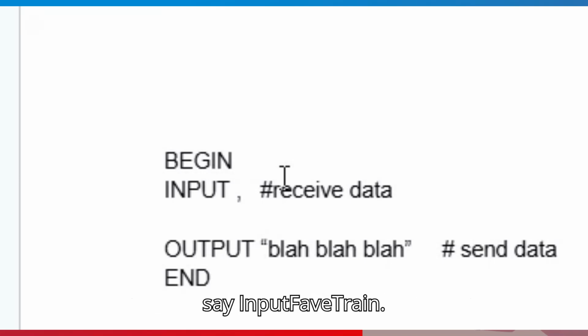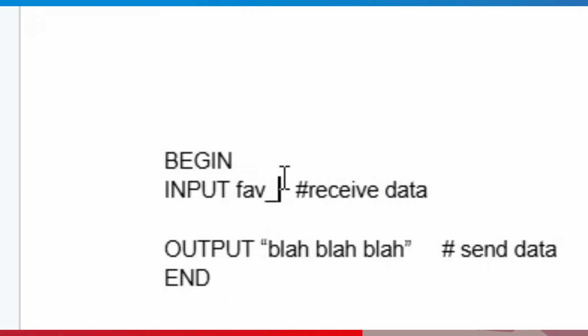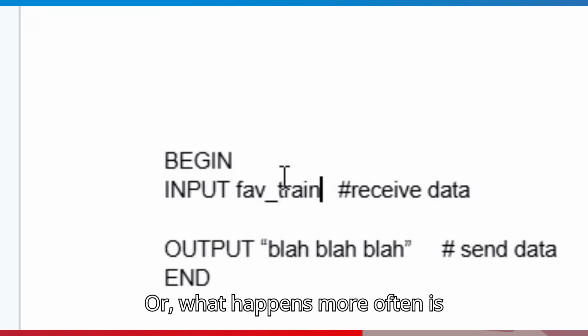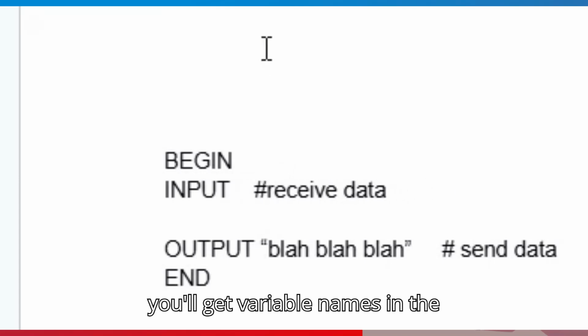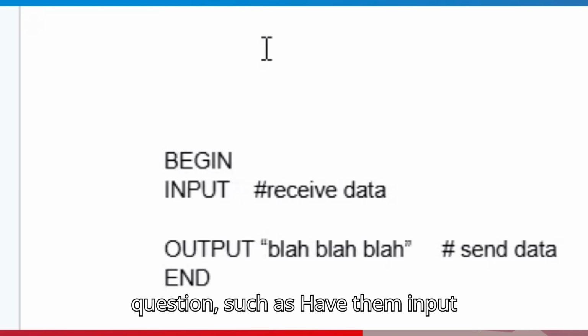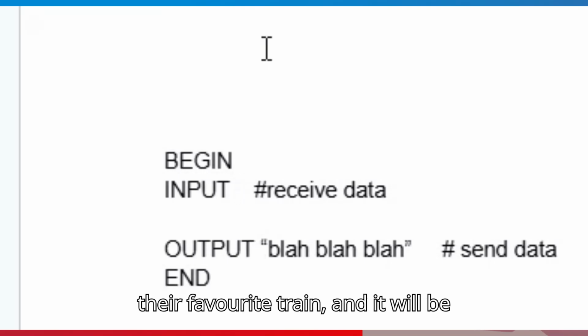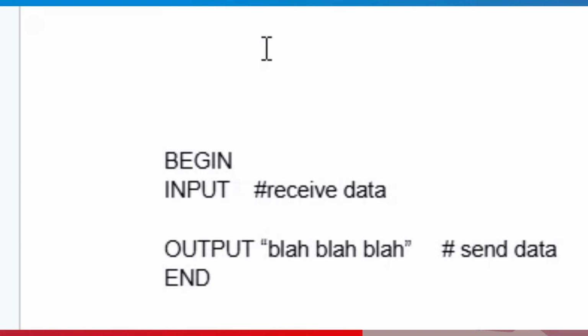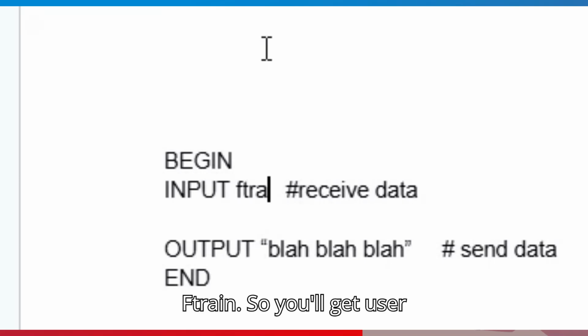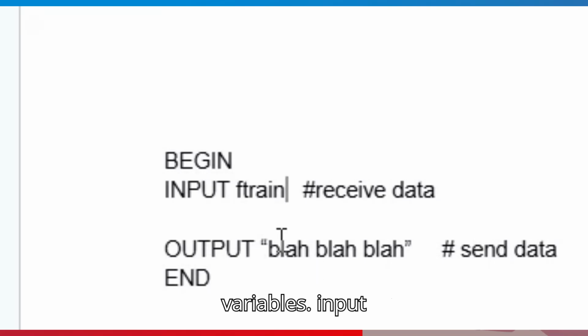You will have it say input fave train, variable like that. Or what happens more often is you'll get variable names in the question, such as have them input their favorite train, and it will be like F train. So you'll get use the variables. Input.